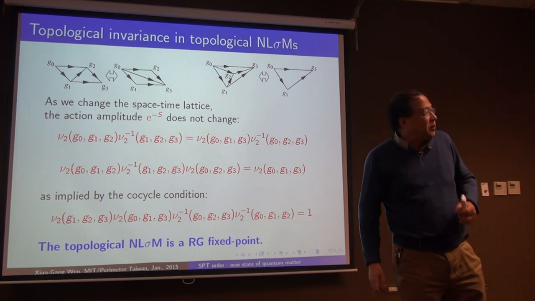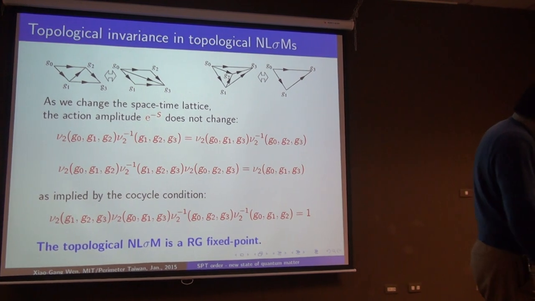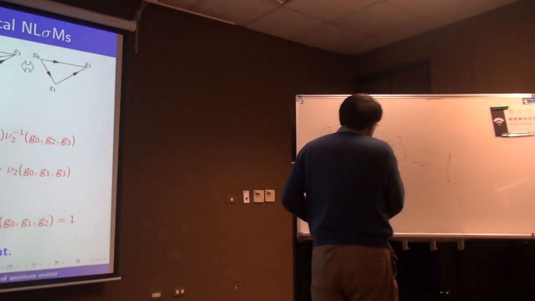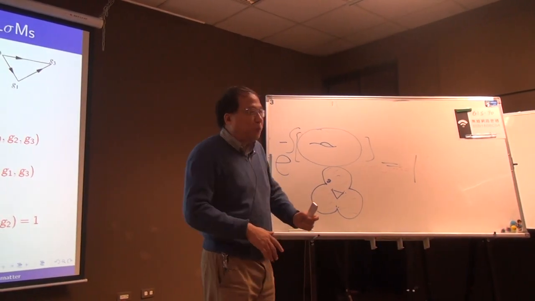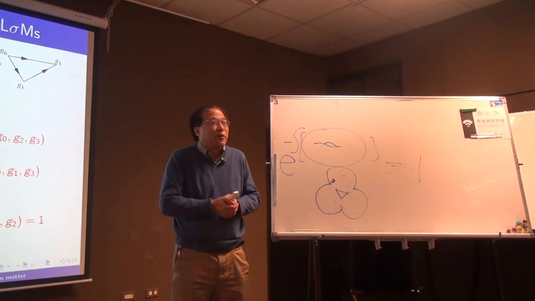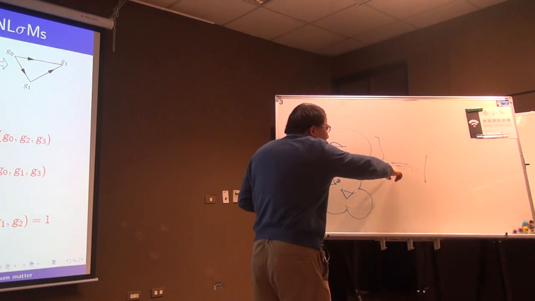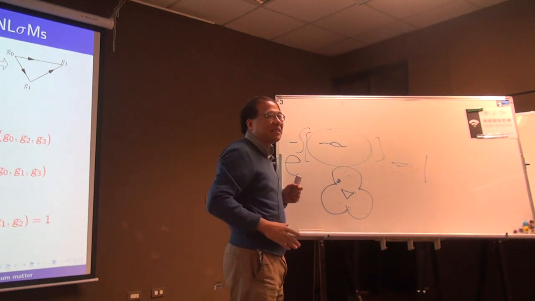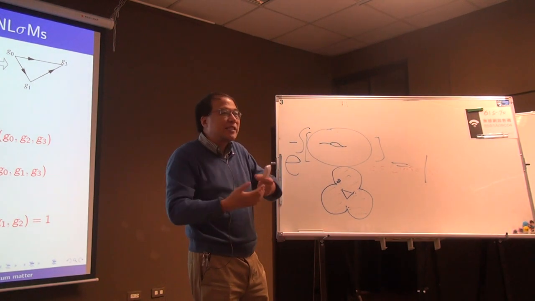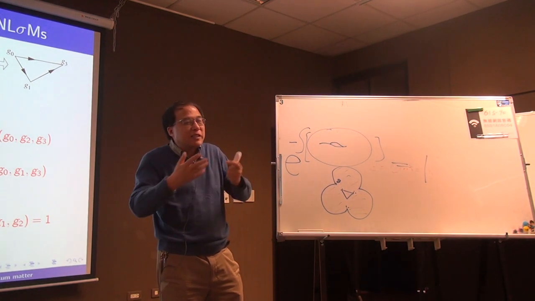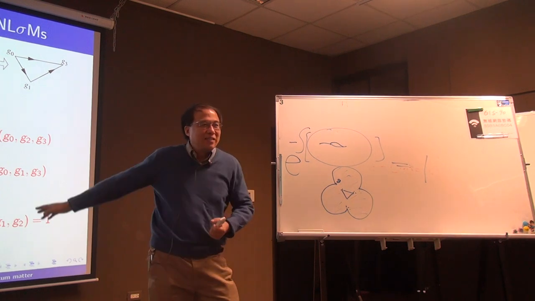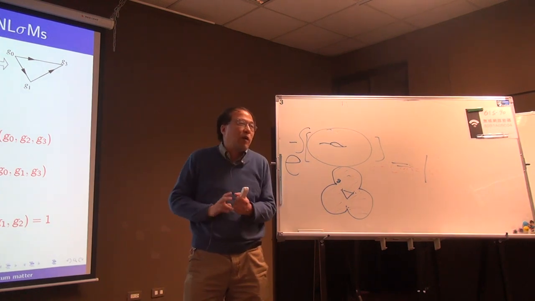And this is crucial because we try to say that the group cohomology describes trivial topological order, so that the action amplitude does not depend on the topological space. This is consistent with our desire that this kind of formulation describes trivial topological order.